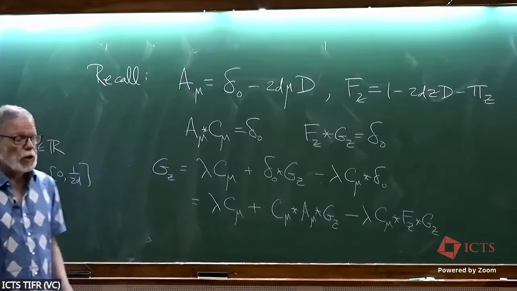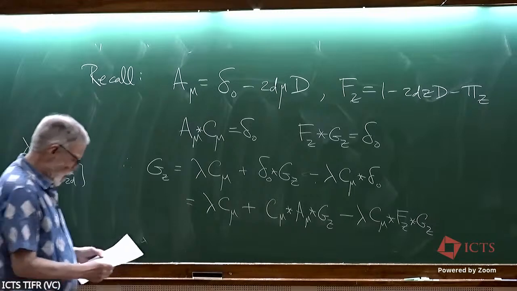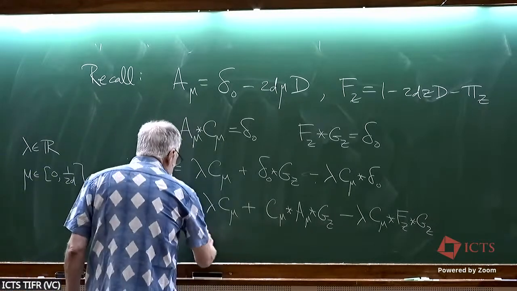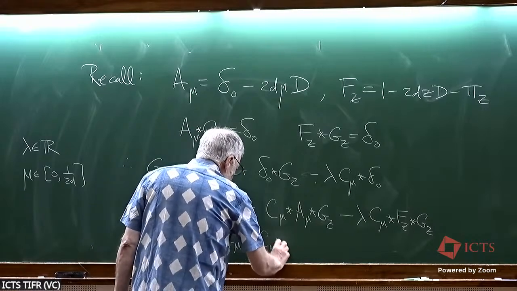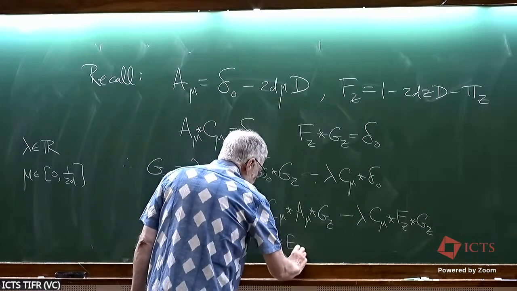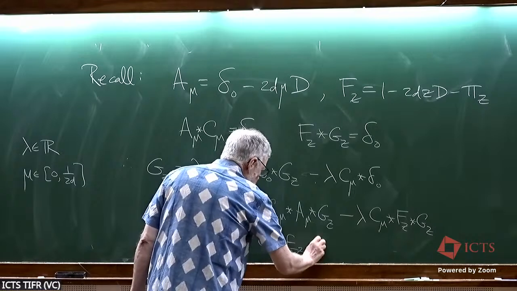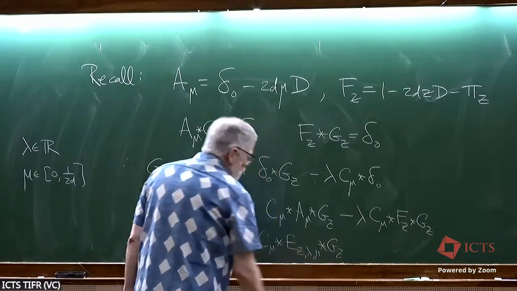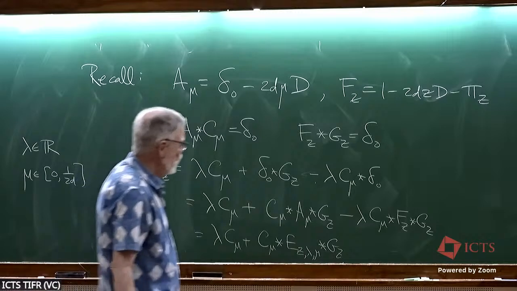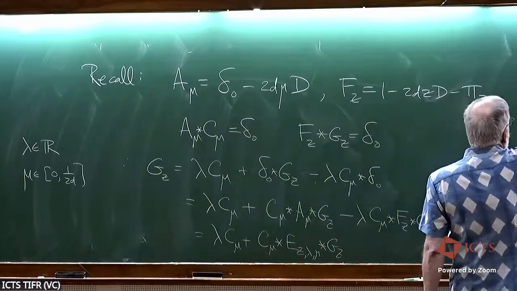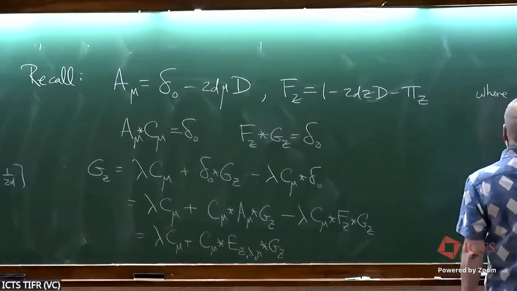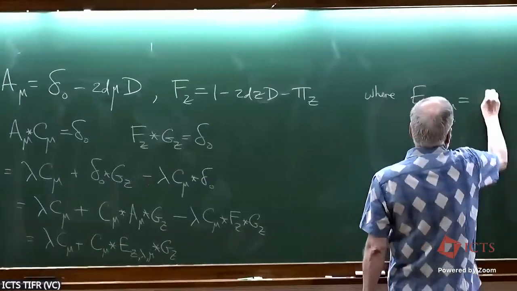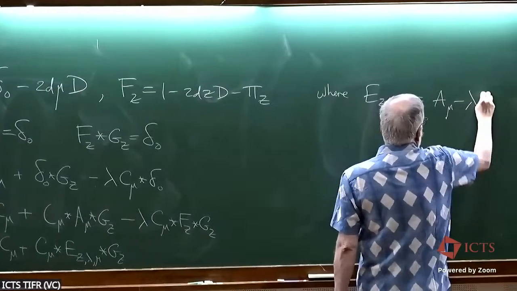I'm just doing algebra here. And I'll write that as lambda c_mu plus c_mu star E, which depends on z, lambda and mu, star g_z. And E is just what it has to be in order to make that true. So E_z(lambda, mu) is equal to a_mu minus lambda f_z.